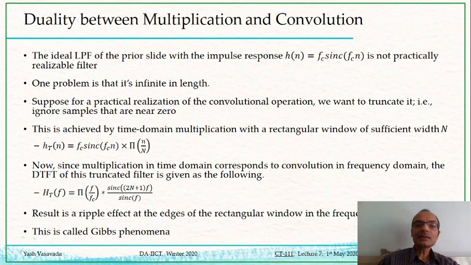These ripples are always going to be there. As we make this capital N bigger and bigger, the ripples will become finer and finer, thinner and thinner. But the height of the ripple will not reduce, unfortunately. That is known as Gibbs phenomenon. So let us look at it.